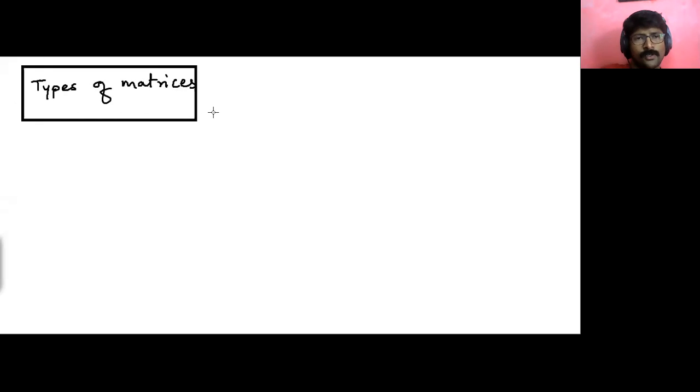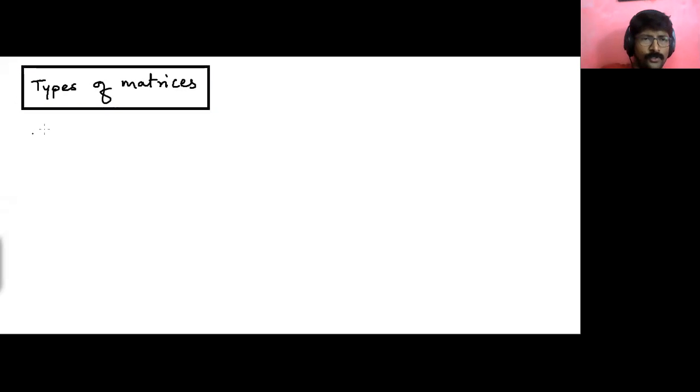Okay, students, now we're learning something called types of matrices. There are various types of matrices. The first one is row matrix. What do I mean by a row matrix?